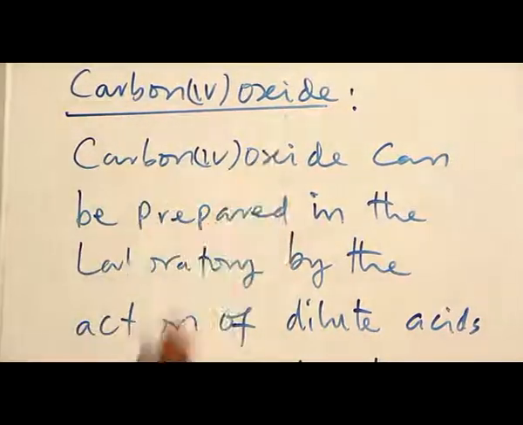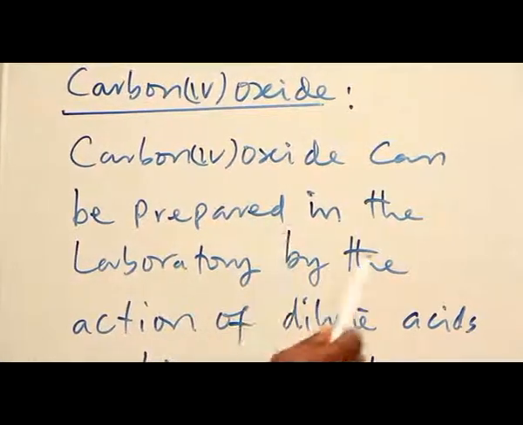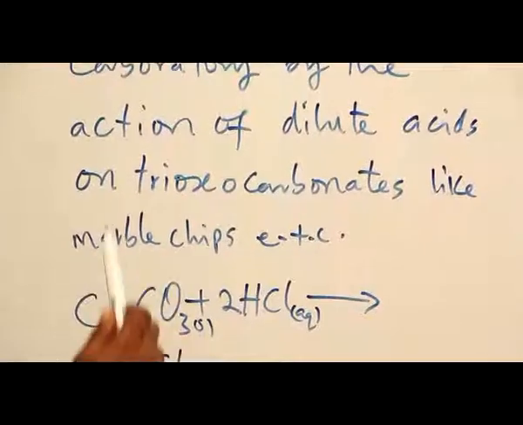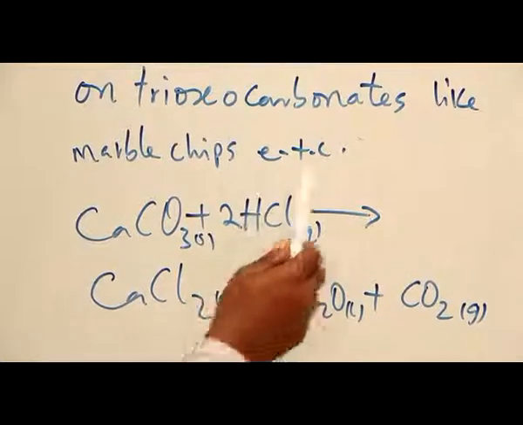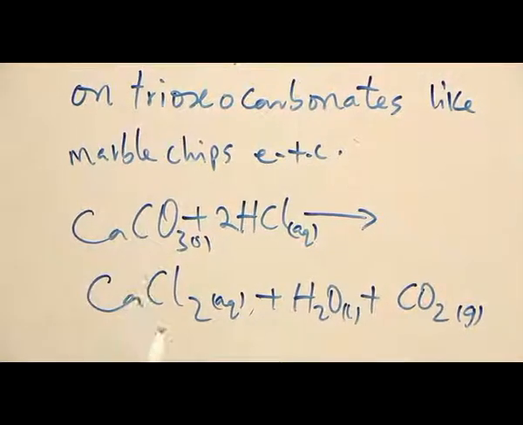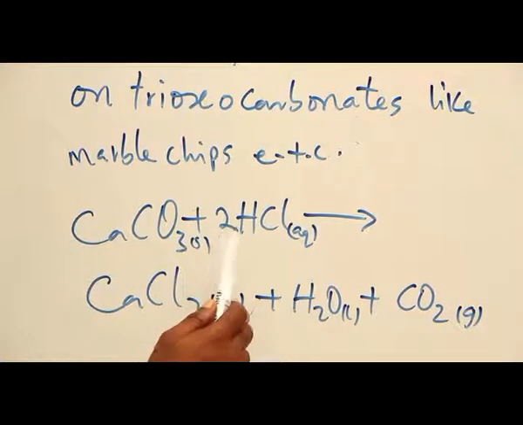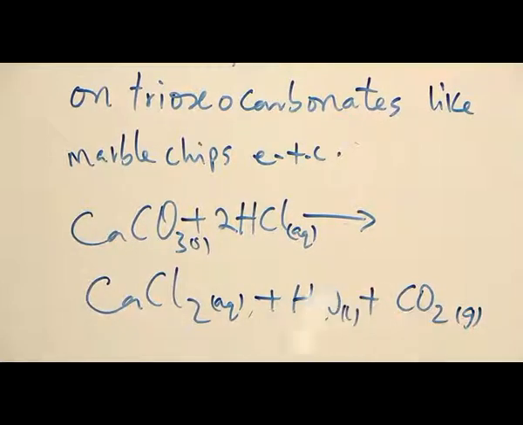Carbon(IV) oxide. Carbon(IV) oxide can be prepared in the laboratory by the action of dilute acids on trioxocarbonates(IV) like marble chips. Calcium trioxocarbonate(IV) plus HCl gives calcium chloride plus water plus carbon(IV) oxide.